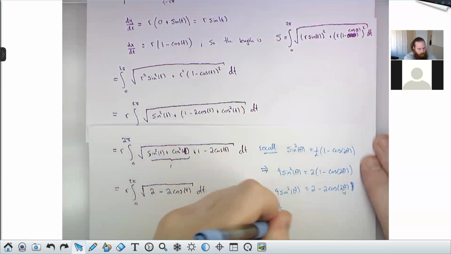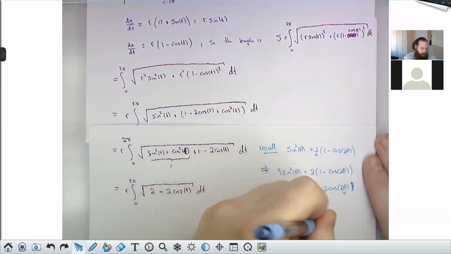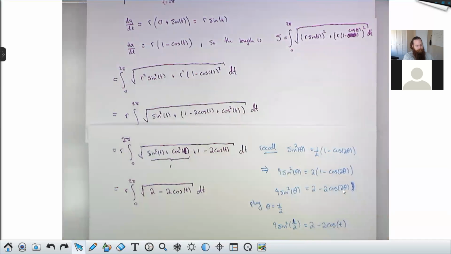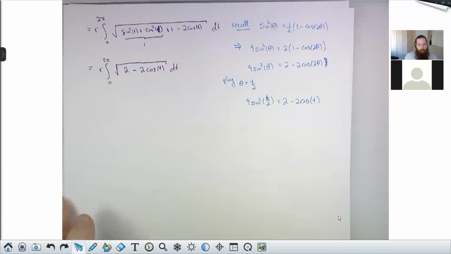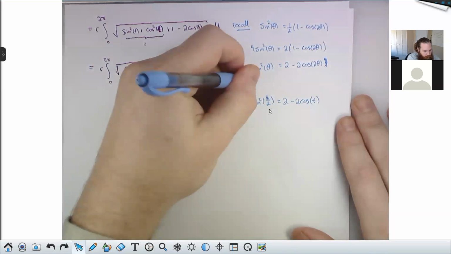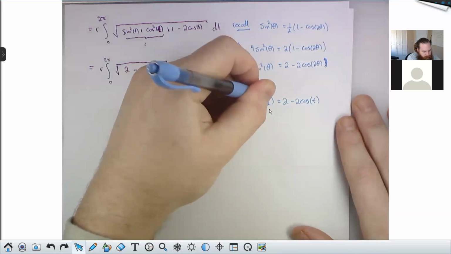Then I'll get 4 sine squared t over 2 equals 2 minus 2 cosine 2t over 2, which is just t. So this thing under my square root here, 2 minus 2 cos t, is really just equal to 4 sine squared t over 2. And it's coming from that half angle identity.